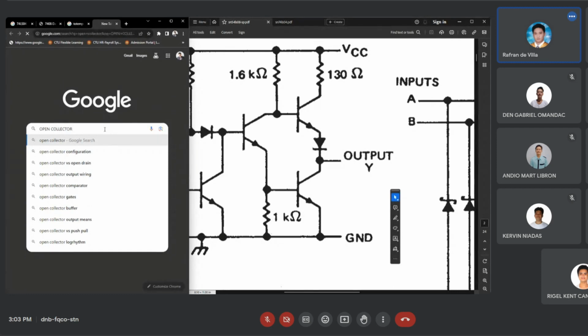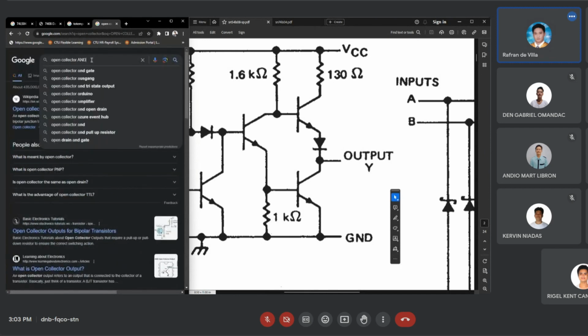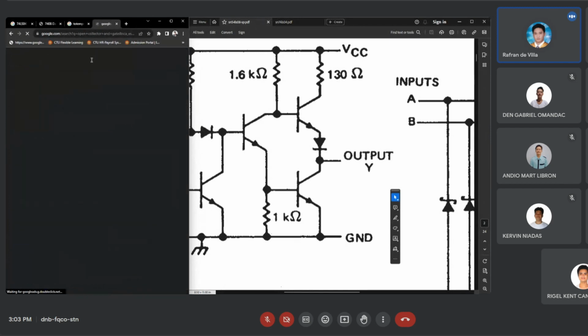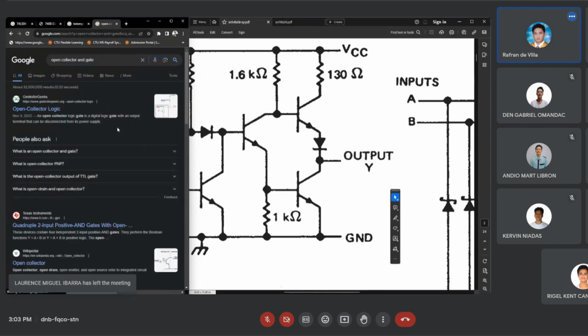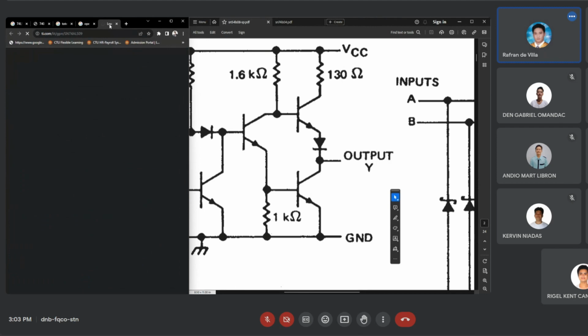Okay? So you might be able to use such a gate. So what is an open collector? So here is an example of an open collector IC.